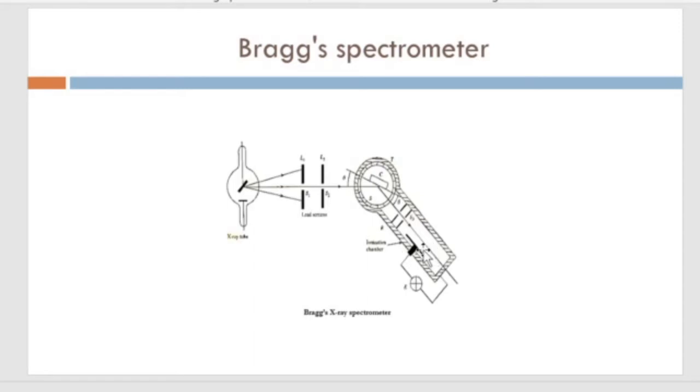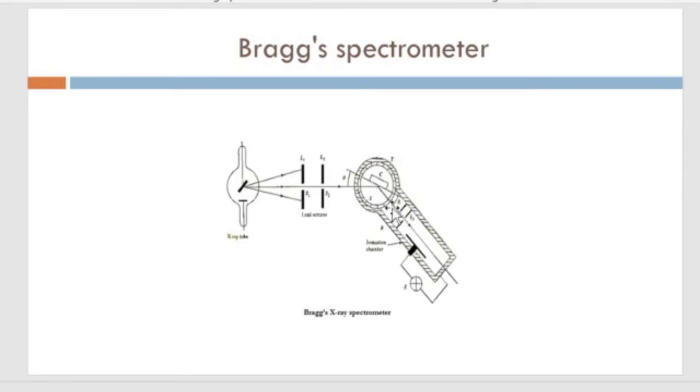The positive ions go here and the negative ions go here. It is connected to a galvanometer which shows the deflection. The deflection of the galvanometer depends completely on the intensity of the X-rays. Whenever the deflection is more, the intensity of the X-rays emitted is also more, and the glancing angle is also the same as the reflected angle.